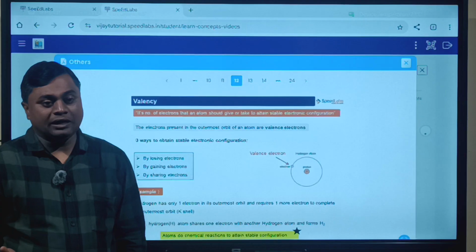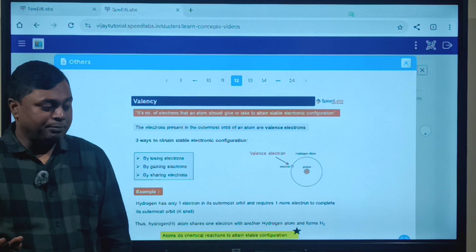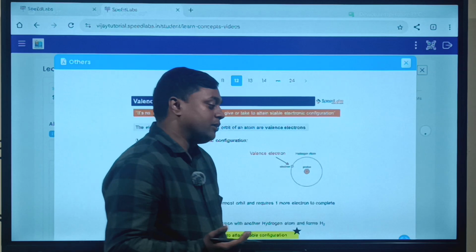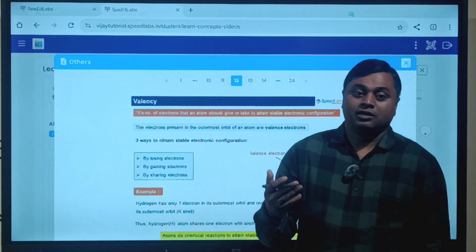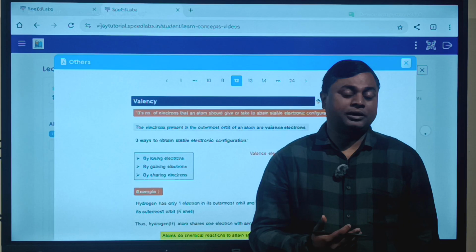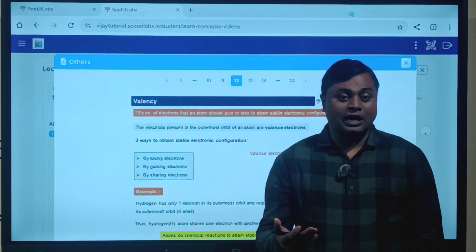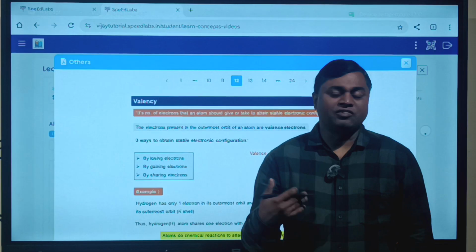For non-metals, the valency is 8 minus the number of valence electrons, because to become stable they gain electrons. The number of electrons gained by non-metals is their valency. Similarly, for metals, the number of electrons lost by the atom is their valency.